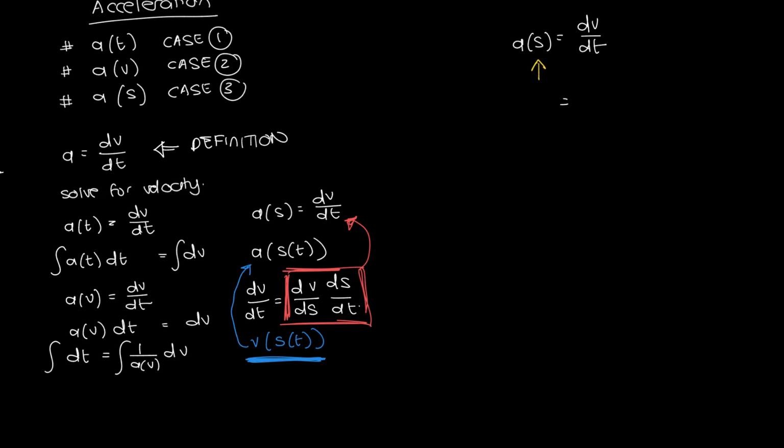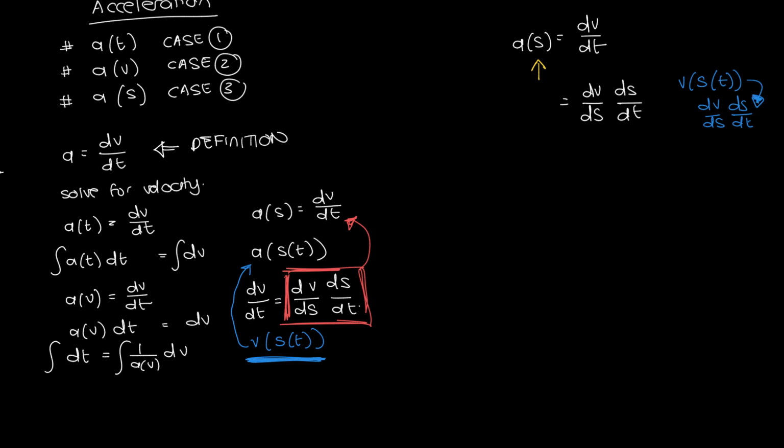So we're going to have dv ds and then ds dt. We can say that because going back to what we just did, v is a function of s and s is a function of time. So if we take the derivative of v, we have dv ds and ds dt.